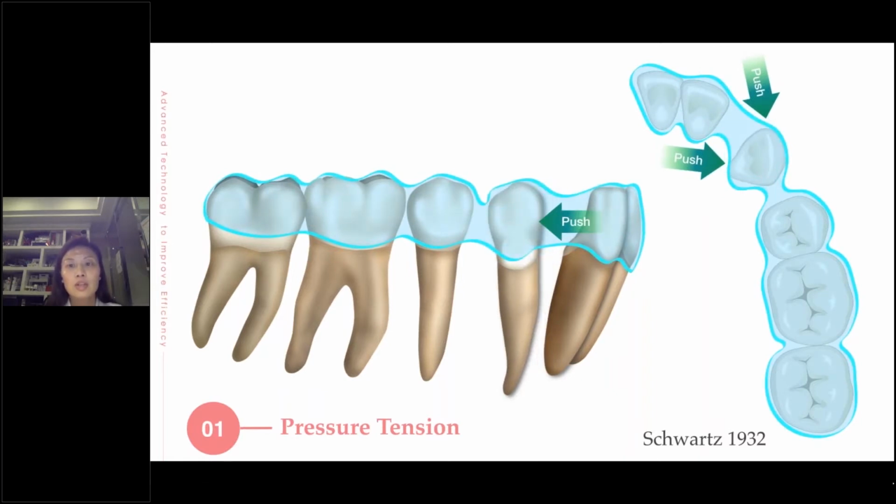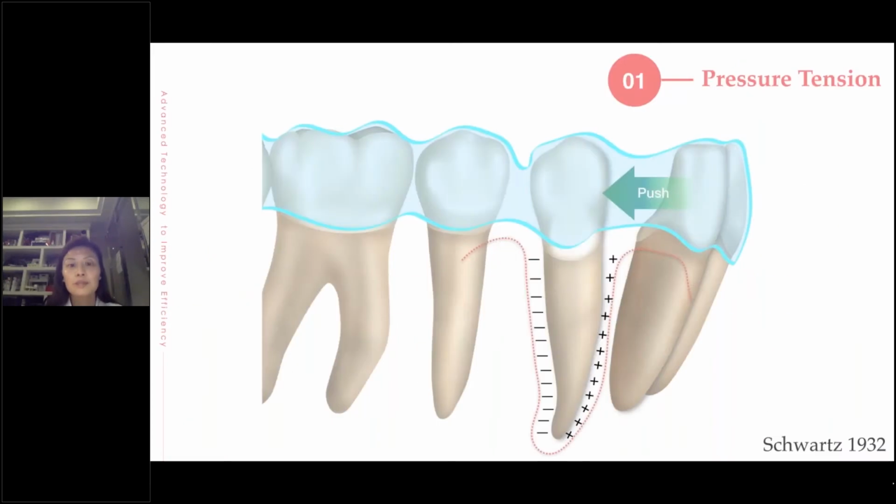According to the pressure tension theory, there is a tension side and a pressure side. When a tooth is subjected to a force, it results in areas of tension and pressure. The alveolar bone is resorbed whenever the root compresses the PDL. This is the pressure side.